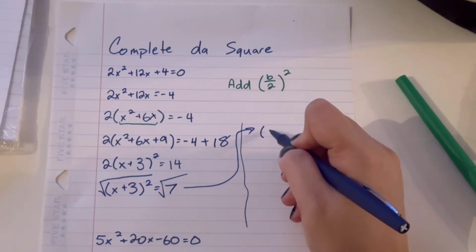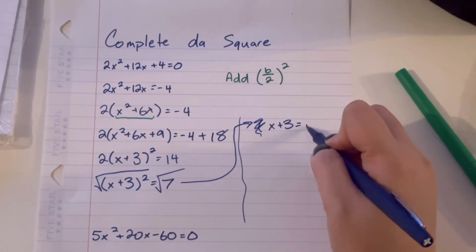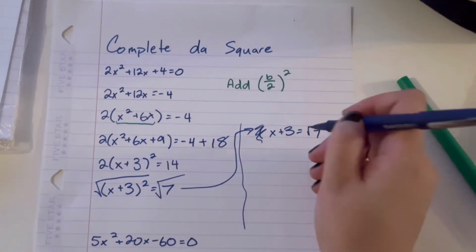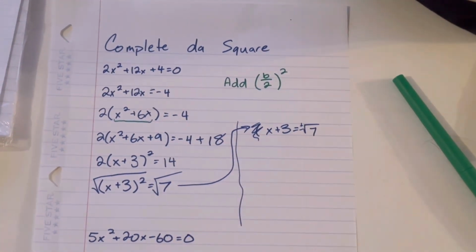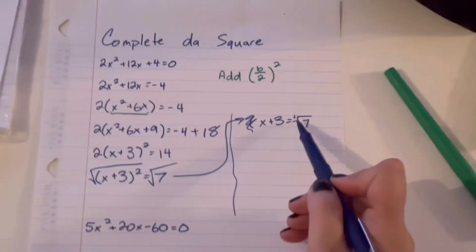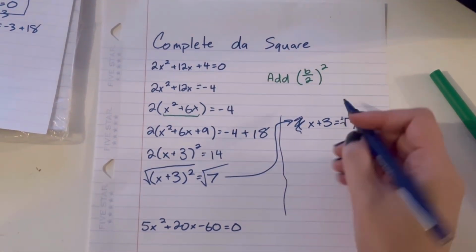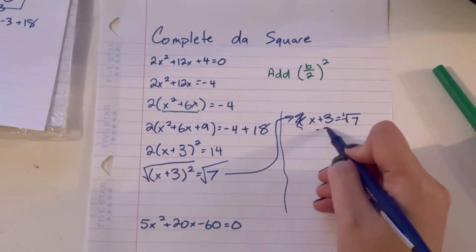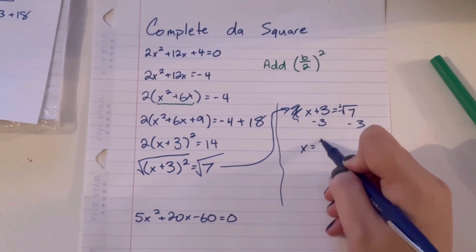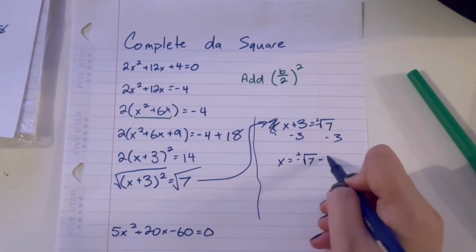So we'll have x plus 3 equals plus or minus rad 7, because with square roots, a positive or negative version of that number can make a 7. And then we'll finish this by subtracting 3 from both sides. So x equals positive or negative square root of 7 minus 3.